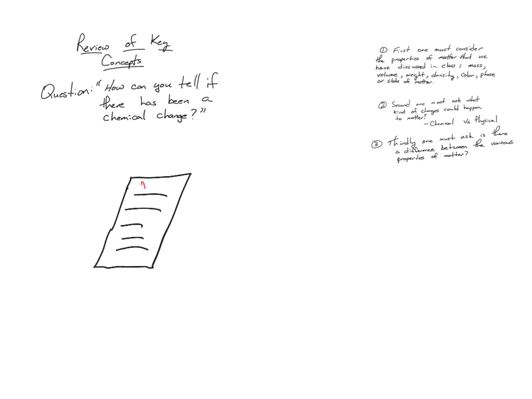If we took that paper and we ripped it up into shreds, into little squares, so instead of one sheet, we had a bunch of small sheets all stacked up on top of one another.